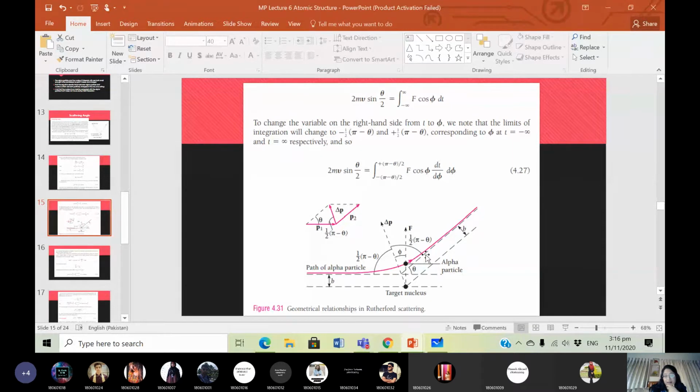Since this angle is theta, we divide it into two halves, and this will be pi minus theta divided by 2, and this will be pi minus theta divided by 2. So we have those two angles here. This angle is half pi minus theta, and this angle here is also half pi minus theta.